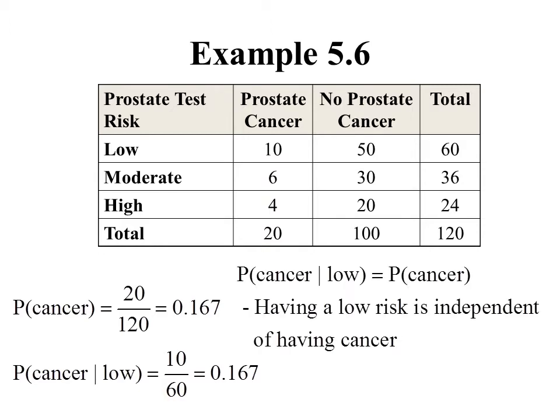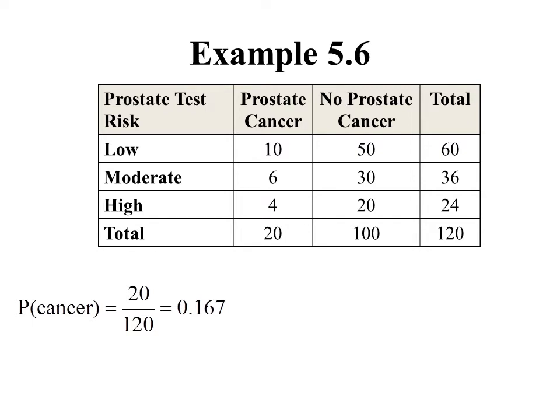The thing to observe here is that this conditional probability is equal to the probability of having cancer. So the fact that you were in the low risk category had no effect on your probability of having cancer. What this illustrates is that having a low risk is independent of the characteristic of having cancer. There's just no relationship between being in this low risk category and having cancer.